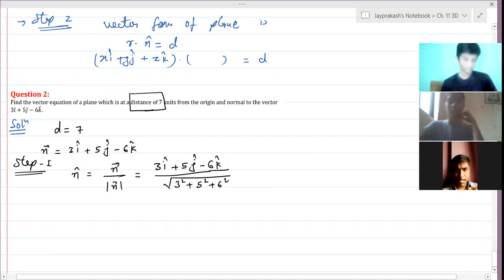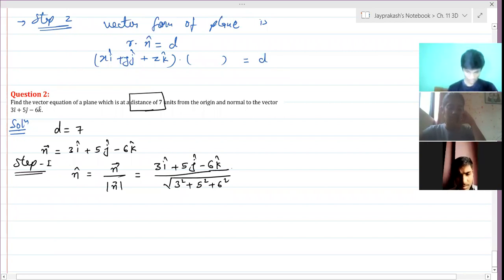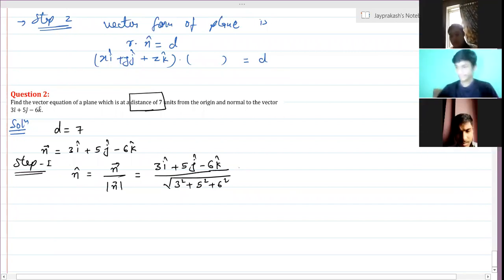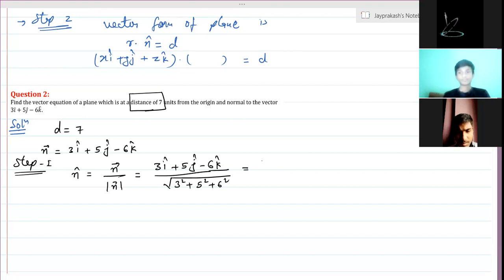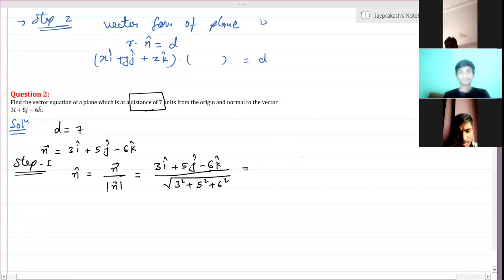So this one is n upon the modulus of n. So it will be 9, 25 plus 36. What is the value? 36 plus 34, that is 70.